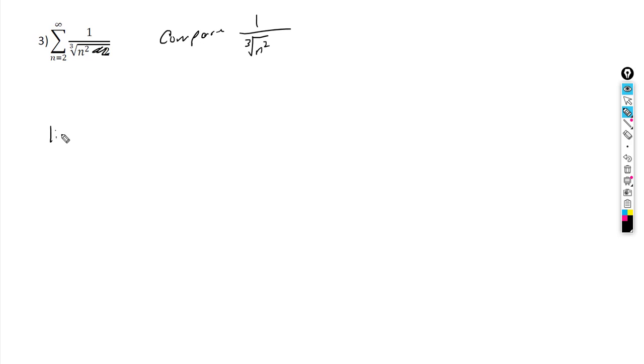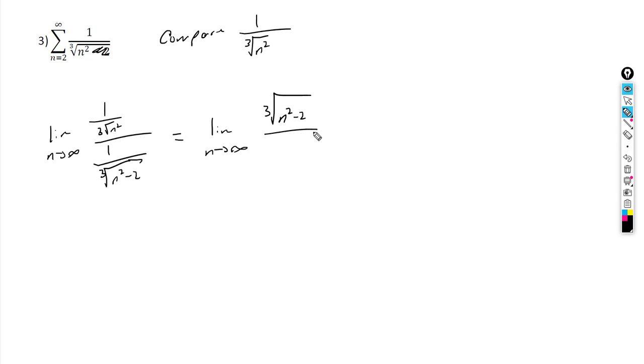So I got the limit as n approaches infinity of 1 over the third root of n squared over 1 over the third root of n squared minus 2, which is equal to the limit as n approaches infinity of the third root of n squared minus 2 over the third root of n squared.